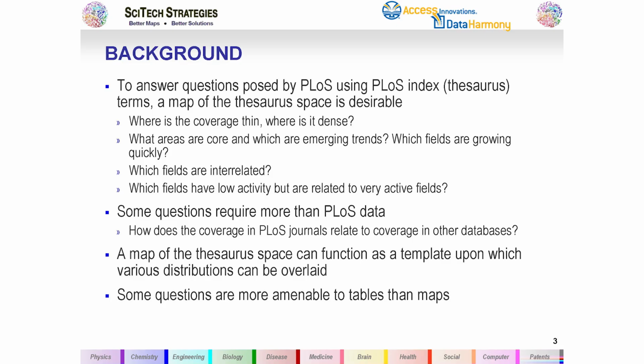So we tried to map the Thesaurus directly. Didn't work very well. Then we mapped it indirectly, but I'll get to that in a moment. So this background here is very similar to the types of things that you've heard from both of our previous PLoS speakers, and just in general. So the idea behind visualizing things or generating big spreadsheets or however we want to look at and analyze these data are to try to answer different classes of questions.